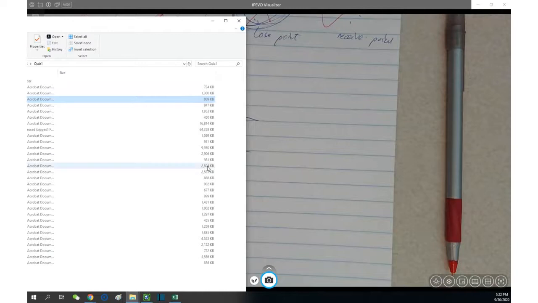However, I saw one student's file is almost 10,000, which means 10 mega. This is too big. This is really too big. So you want to really check your file size, okay? Too big a size is not easy to upload, and is also not easy to grade.